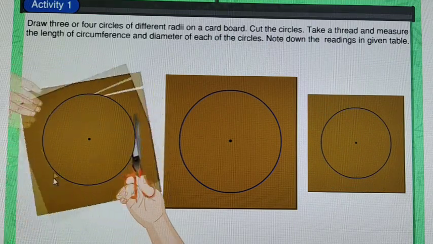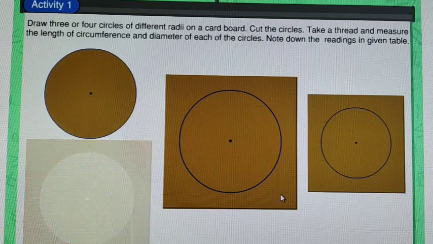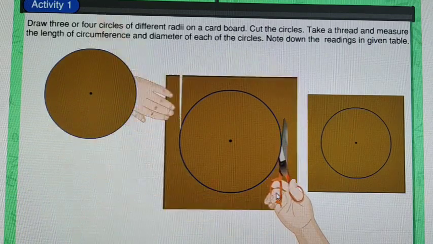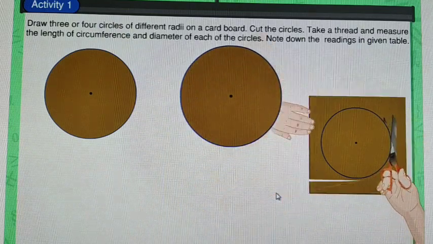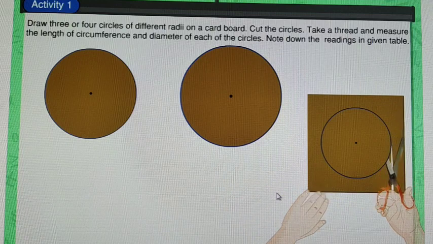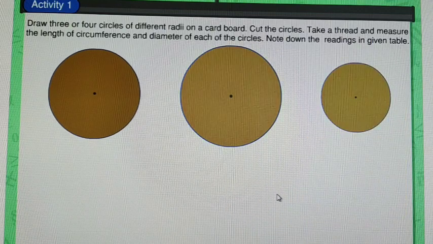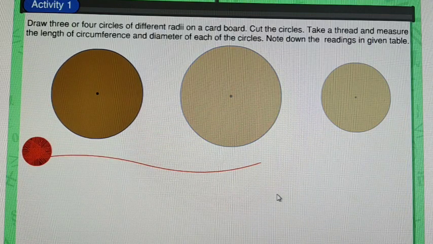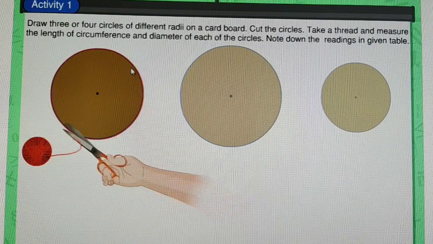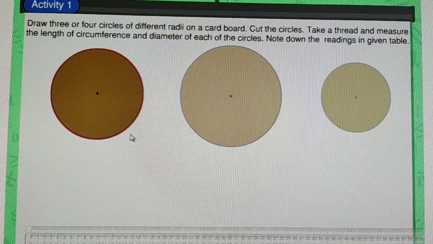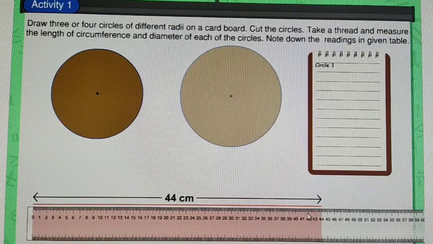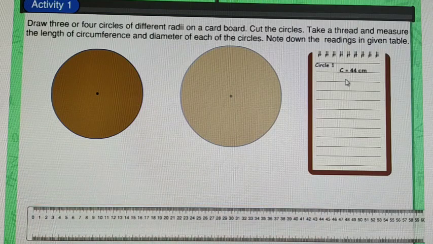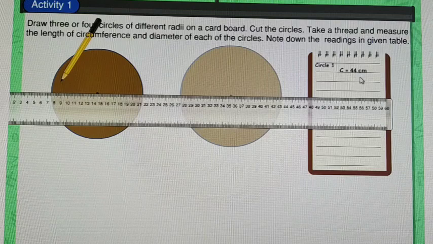Now cut the circumference by using scissor. Now take thread and make a round circumference of a circle, and now take that thread and calculate the circumference of first circle, which is equals to 44 centimeter.